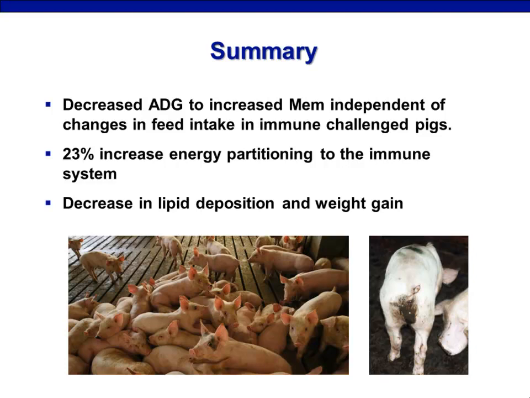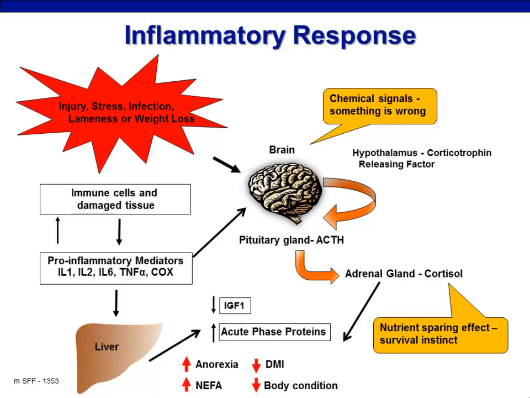It's huge. No other thing modifies that immune system or modifies metabolism as much as inflammation does. All right? Decrease in lipid deposition and weight gain. So all those are our summaries to this.